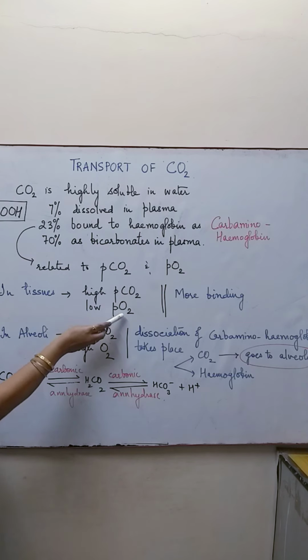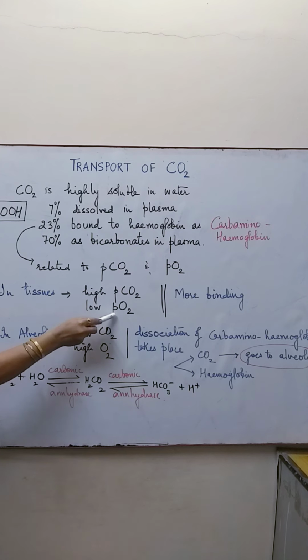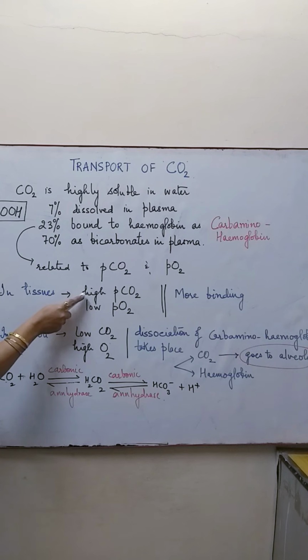Over here, the concentration of oxygen is low in tissues because of the catabolic activities. The oxygen is being utilized for the breaking of the food particles or the complex substances or for various metabolic activities and releasing carbon dioxide. So the partial pressure of carbon dioxide will be more in the case of tissues, and therefore more binding will happen.